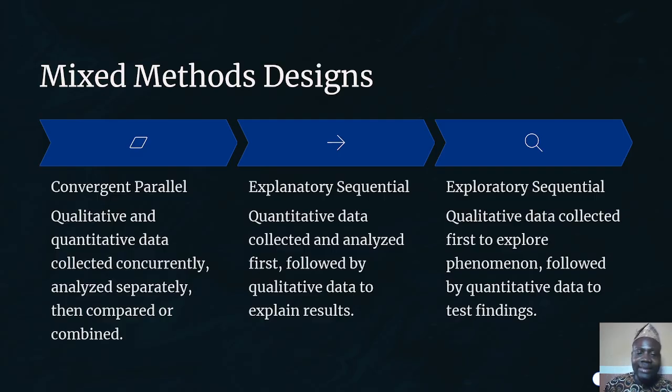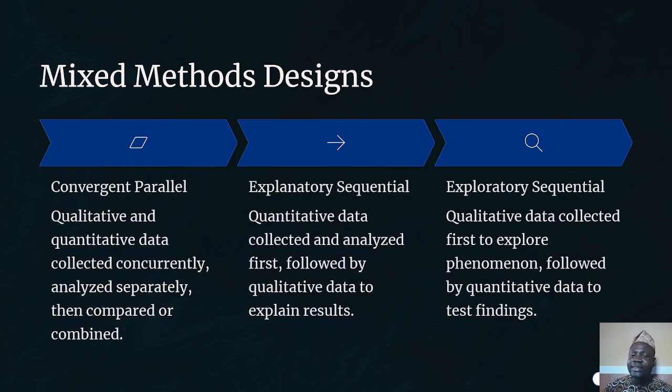What happens in explanatory sequential is that the quantitative data is collected and analyzed first. Based on what is observed in the quantitative data, the qualitative will now follow. The next one is exploratory sequential.